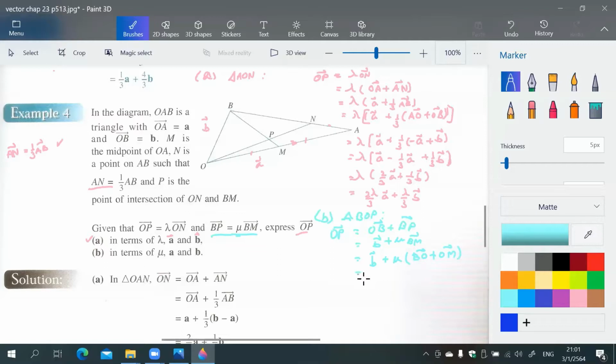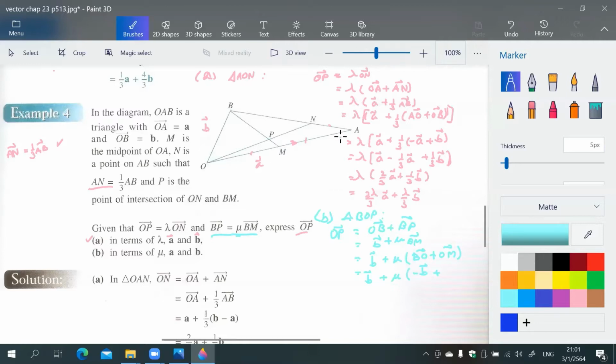Okay, so now this one is going to be vector B plus mu BO, but this one is OB, right? So this is going to be the opposite direction, so it becomes minus vector B. Okay, and then plus OM, M is a midpoint.